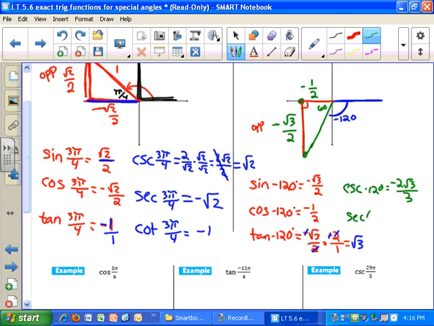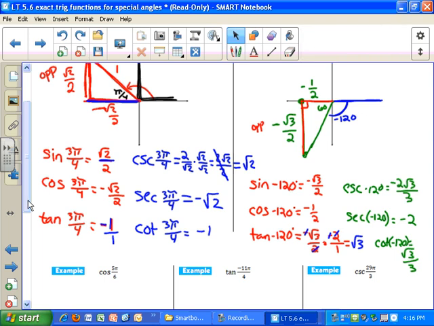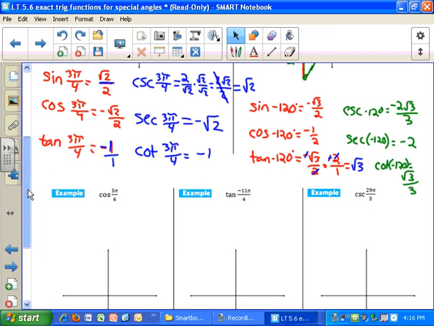The secant of negative 120 is negative 2. And the cotangent of negative 120 is the square root of 3 over 3. So hopefully you got those right.